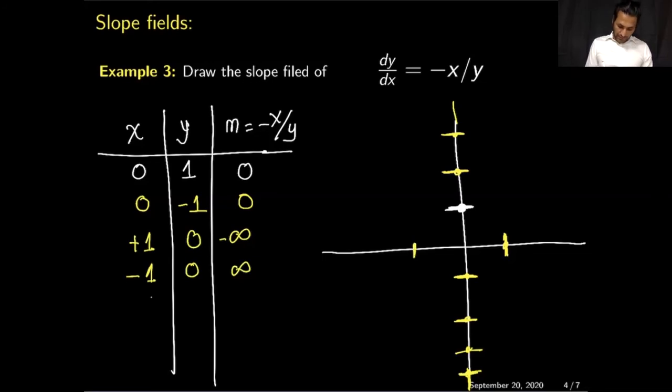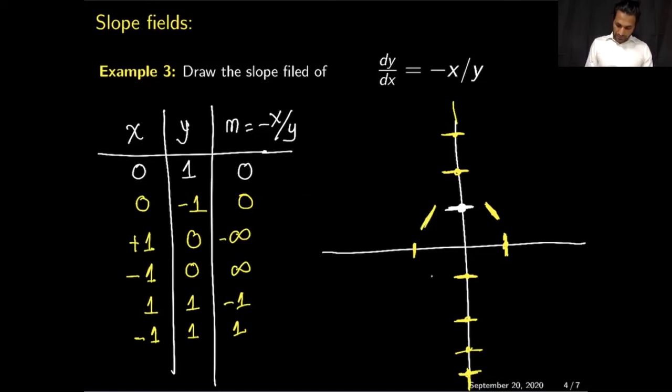If you choose x is equal to 1, y is equal to 1, which is at this point, you are going to get -1 slope. So the slope of the tangent line is -1 here. If you choose x is equal to -1, y is equal to 1, you're going to get a positive slope, a tangent line which has slope 1.